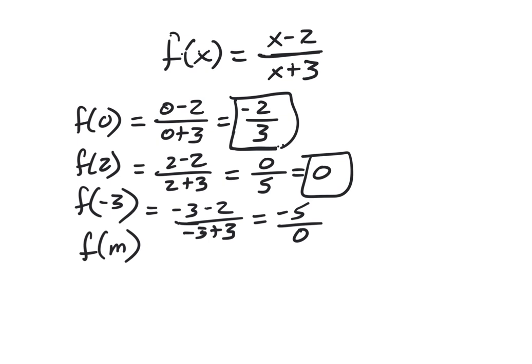Good. We can never, ever divide by 0. And if you don't remember that, just try putting it into the calculator, right? If you try taking negative 5 divided by 0, it does not give you 0, guys. You cannot divide by 0. If 0 is on top, my answer is 0. If 0 is on bottom, that's a completely different scenario. You can't divide by 0.